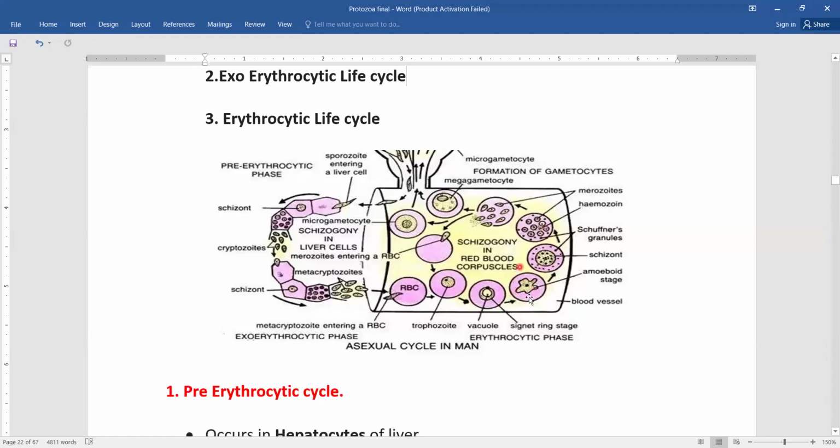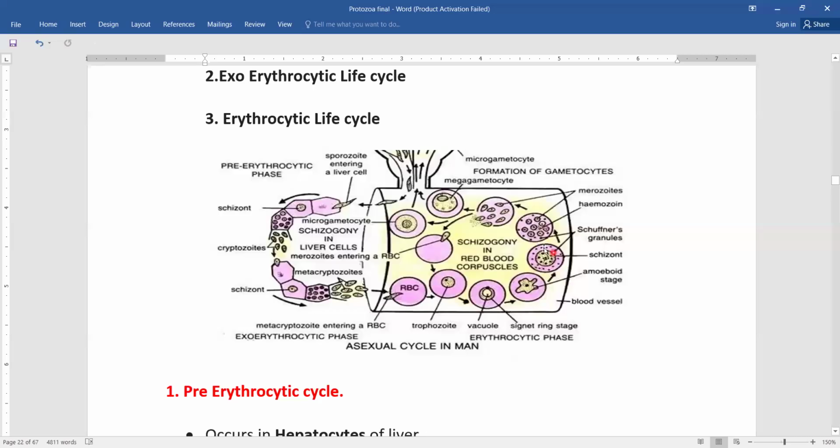and again it eats the whole contents of the RBC. Now it undergoes erythrocytic schizogony, in which the nucleus undergoes many divisions. These nuclei pieces are arranged at the periphery of the RBC.